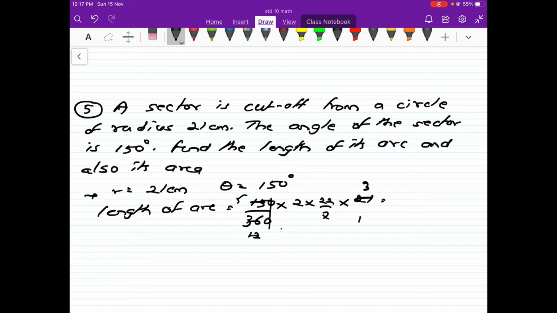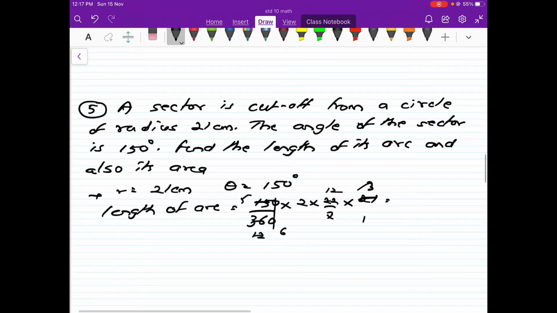So this is 2 6, 2 12s are, 3 1s are 3, 2 2s get cancelled. So we are left with ultimately 5 into 11, which means 55 centimeters. That is the length of the arc, not centimeter square, sorry, it is centimeter only, it's the length.